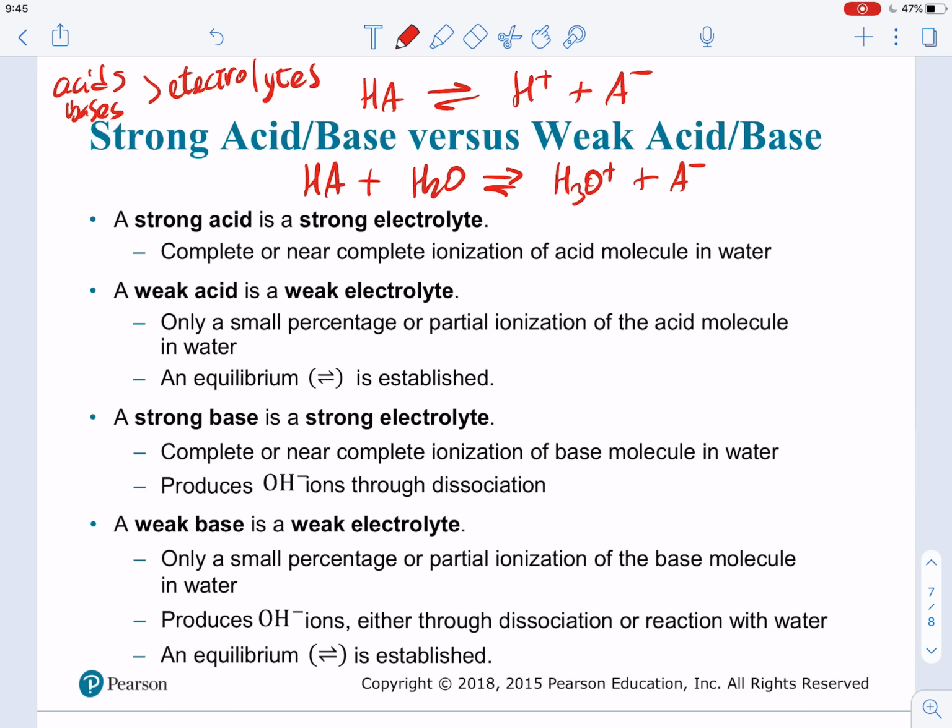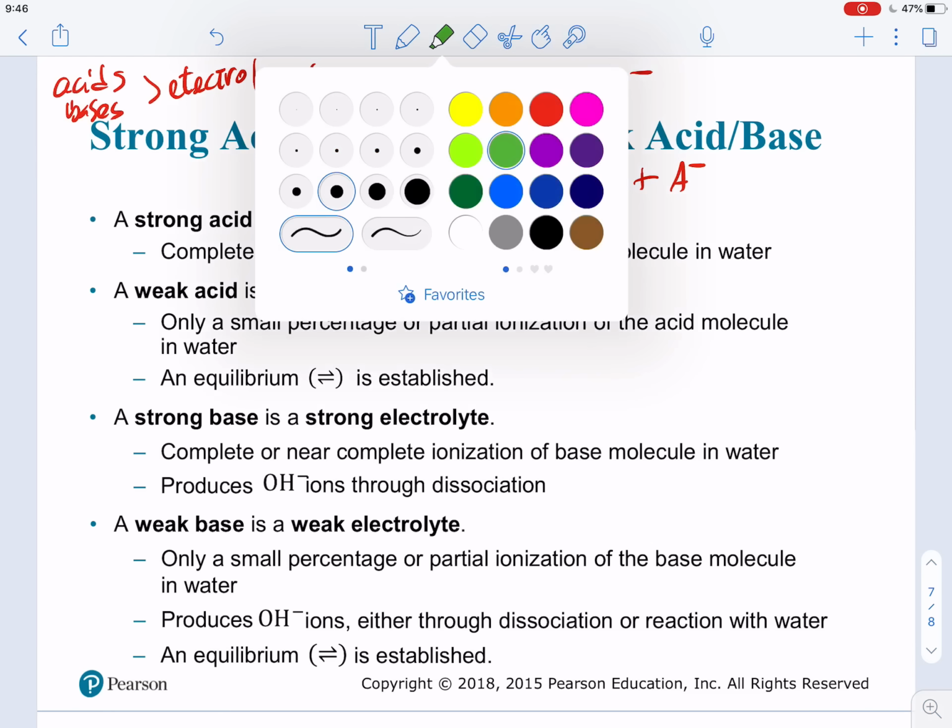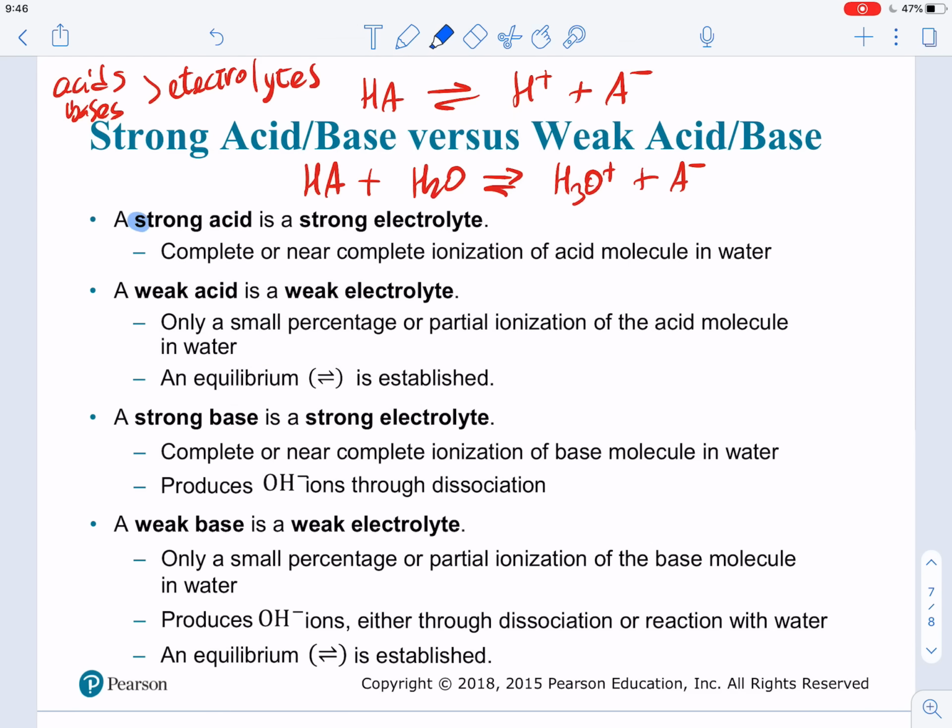And a weak acid will only partially ionize. So let's highlight important stuff here. A strong acid is a strong electrolyte because there is pretty much complete ionization of the molecule in water. And a weak acid is a weak electrolyte because there is only partial ionization of the molecule. Strong acid, complete ionization; weak acid, partial ionization.